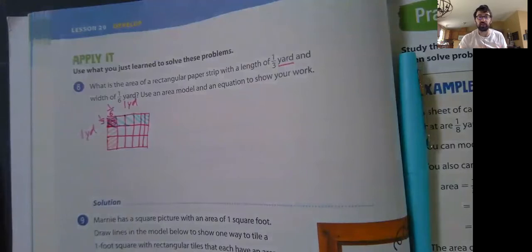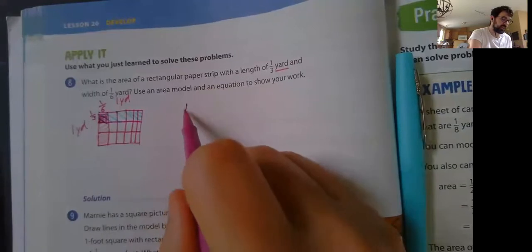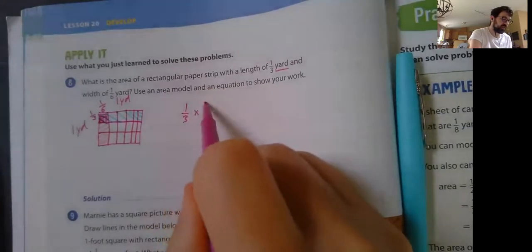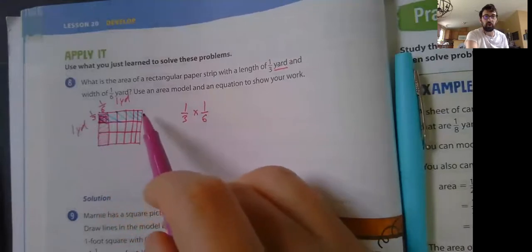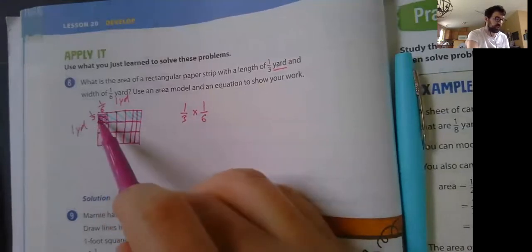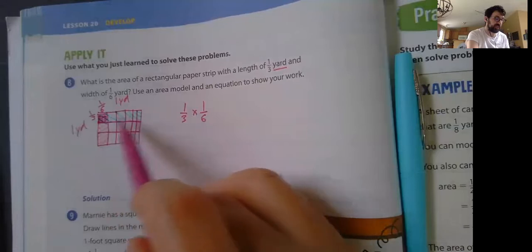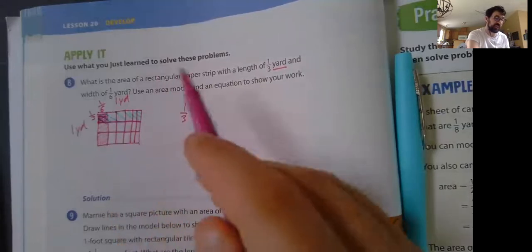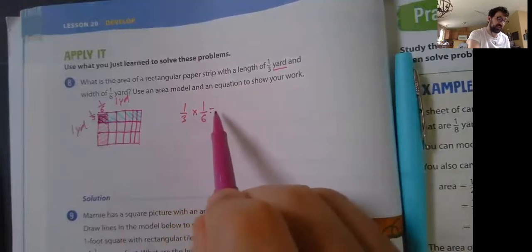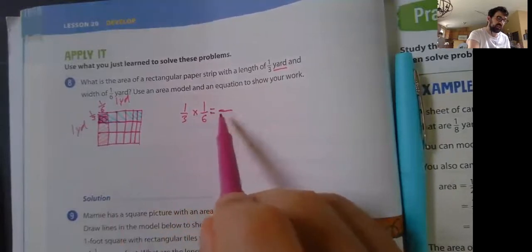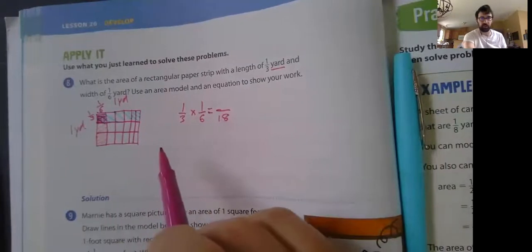Length times width. Okay, so if we look at this as an equation, then it's 1/3 times 1/6. Well, again, how many total parts are there of the whole? There's 1, 2, 3, 4, 5, 6, and 3. So 6 times 3 is 18, which is why 6 times 3 down here is going to give us 18, correct?